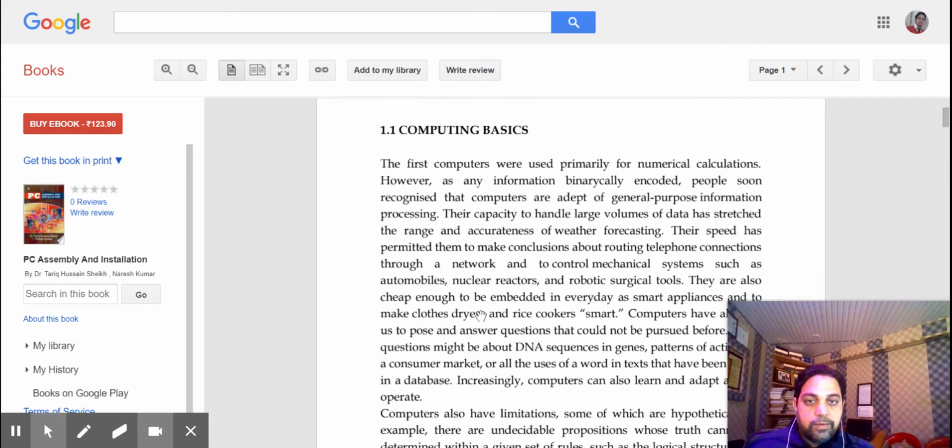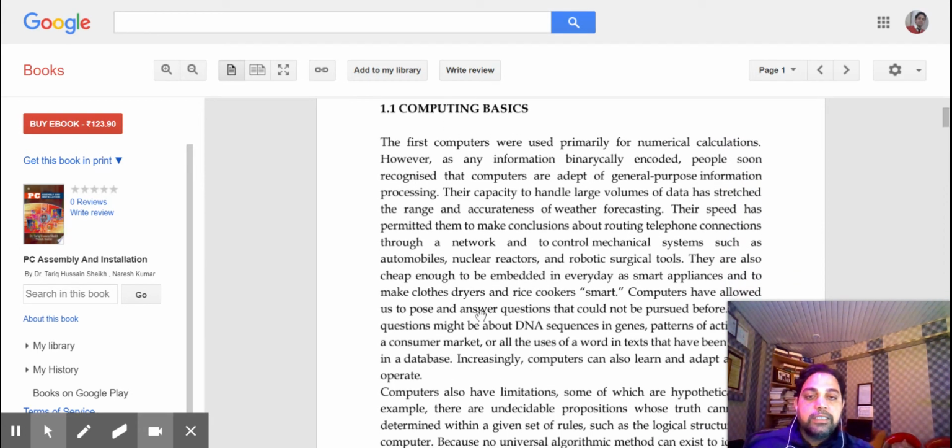So what are the basic terminologies and basic computing things? The first computers were used primarily for numerical calculations. However, as any information can be binary encoded, people soon recognized that computers are adept at general purpose information handling.